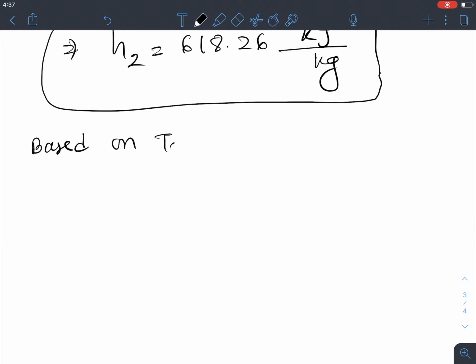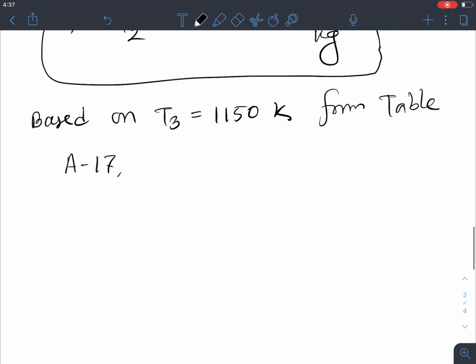Based on that temperature, let's record the enthalpy and the relative pressure from table A17.